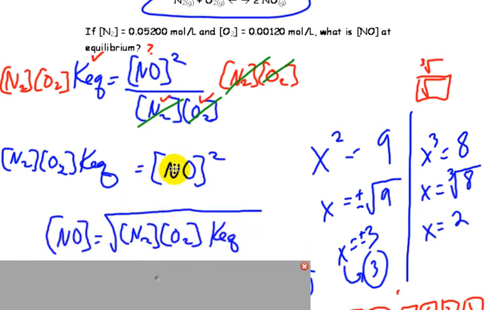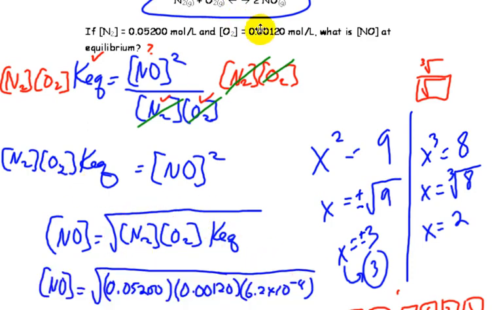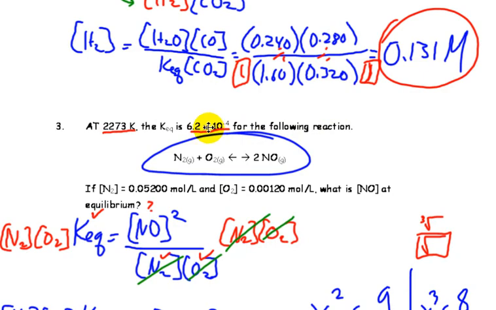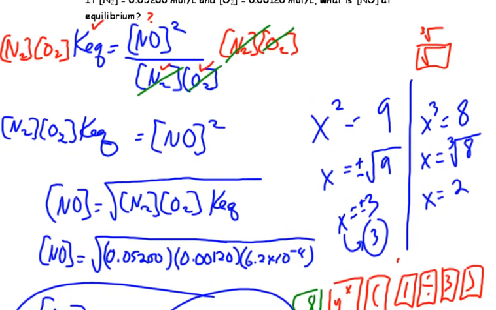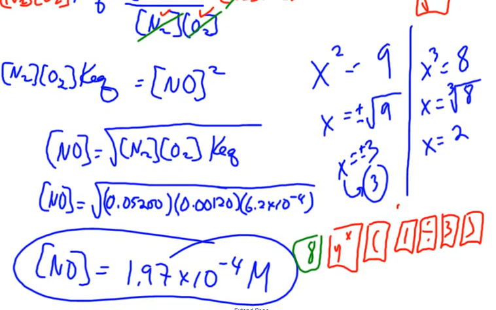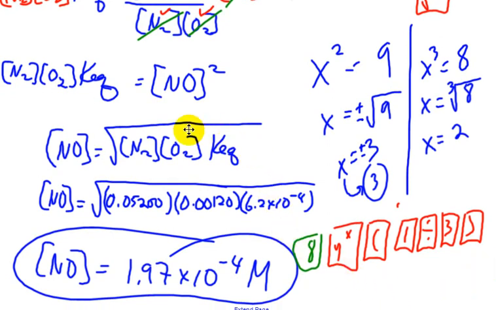So here, NO would be the square root of all of that. Just substitute in my N2 value, my O2 value, and my KEQ value right there, and we should get that. Now you should have a square root button on your calculator. You likely even have a cube root button, so you shouldn't be too worried about that.